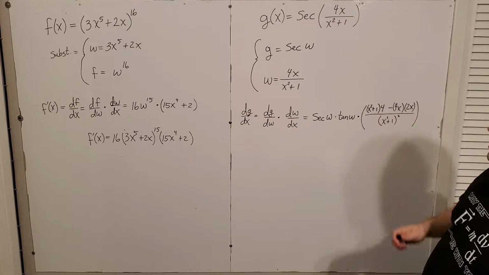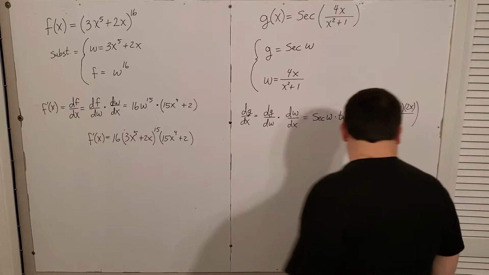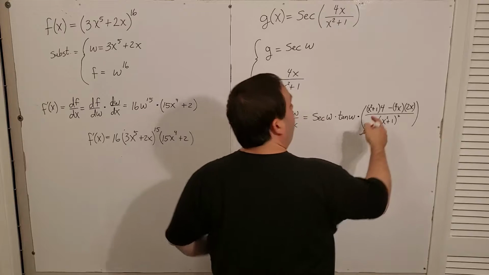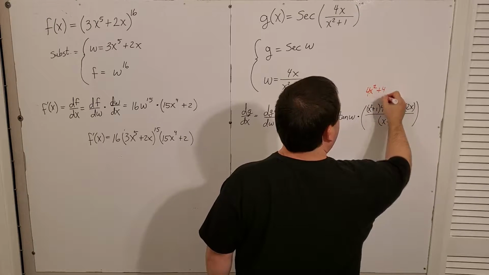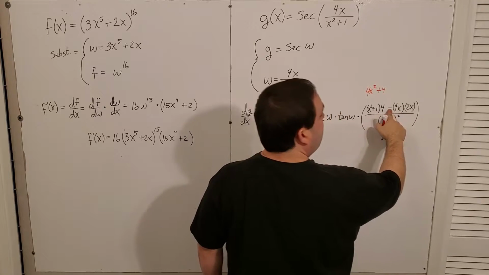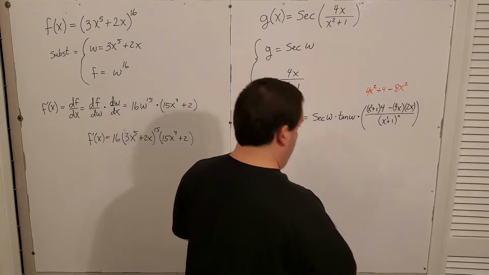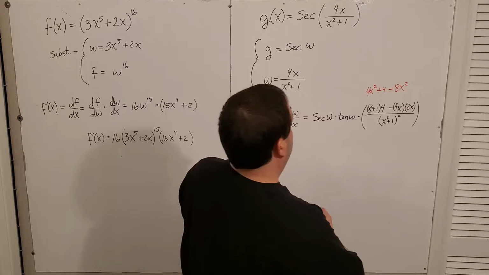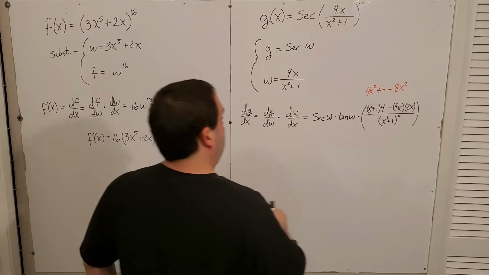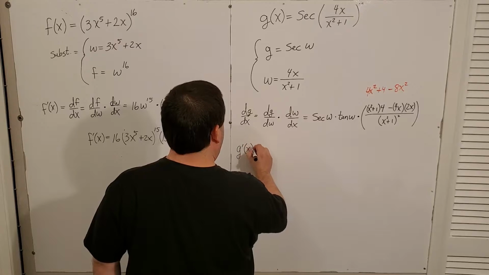Okay. So of course I can simplify this numerator a little bit here. Let's see what we end up with. I have 4x squared plus 4 and then minus 8x squared. All right. Okay, so g prime of x, right?